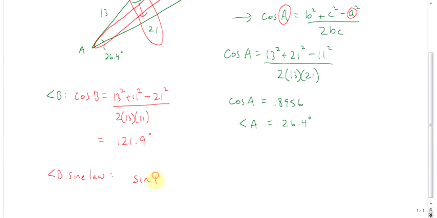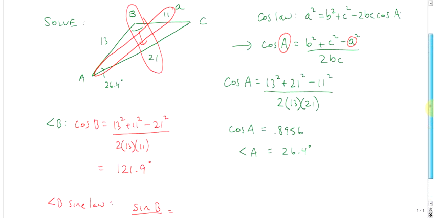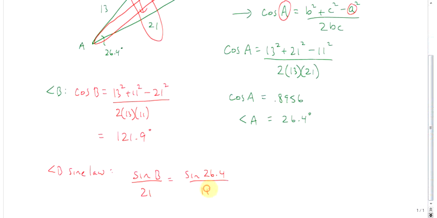Okay, the sine of B over 21 is the same ratio as the sine of 26.4 over 11. Okay, it's the same ratio.